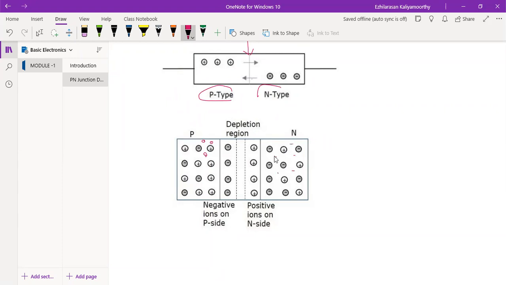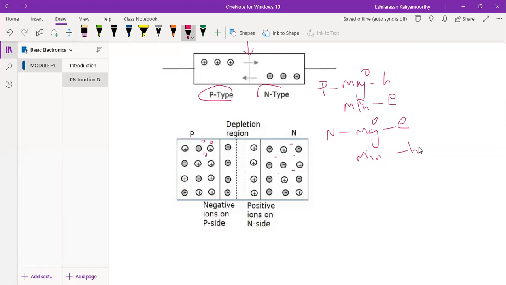So for p-type, the majority carrier is hole and the minority carrier is electron. For n-type, the majority carriers are electrons and the minority carriers are holes.